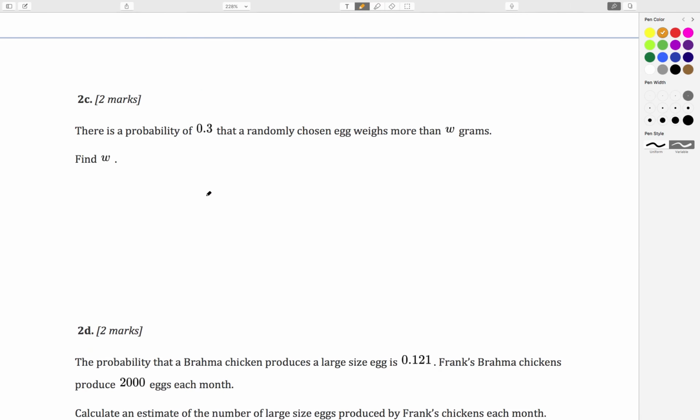There's a probability of 30% that a randomly chosen egg weighs more than W. Find W. Again, a diagram is very useful. This probability is 0.3, meaning that the left probability is 0.7 as of W. I find W using my normal inverse function.